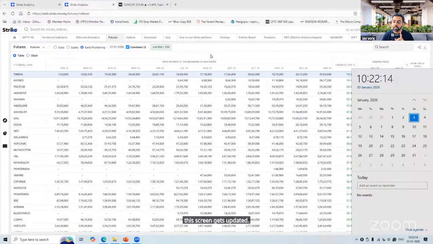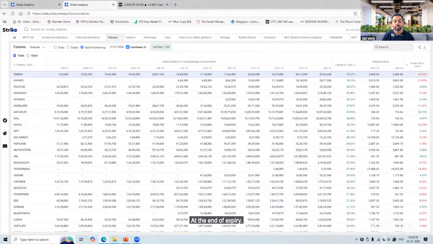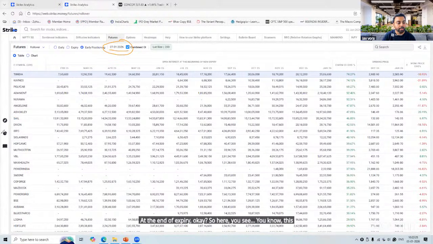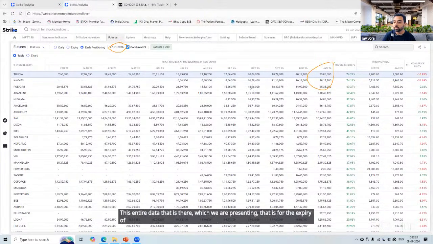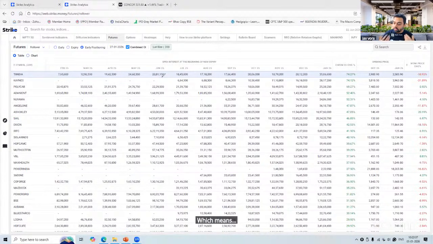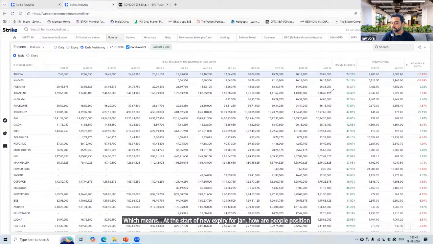This screen gets updated only once in a month, at the end of expiry. So here you see this as 2701, because this entire data that we are presenting is for the expiry of 27/01/2026, which means at the start of the new expiry for Jan, how are people positioned for a particular stock.